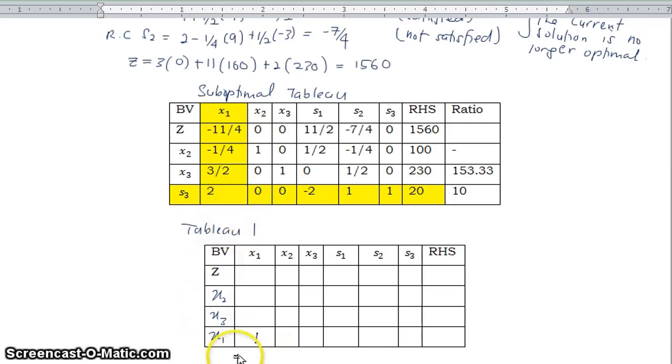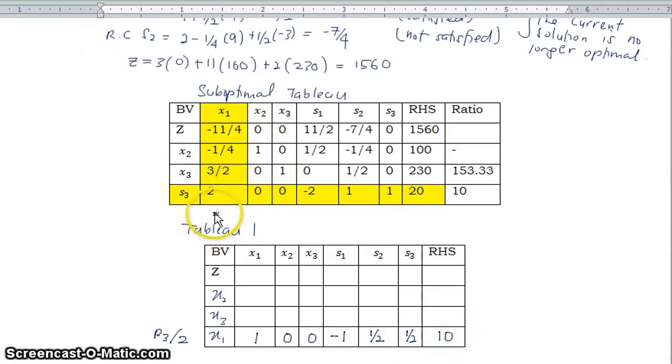To get a coefficient of 1 for x1 in row 3, the ERO is row 3 divided by 2. So we get 1, 0, 0, negative 1, 1 over 2, and 1 over 2. The right hand side is 10.